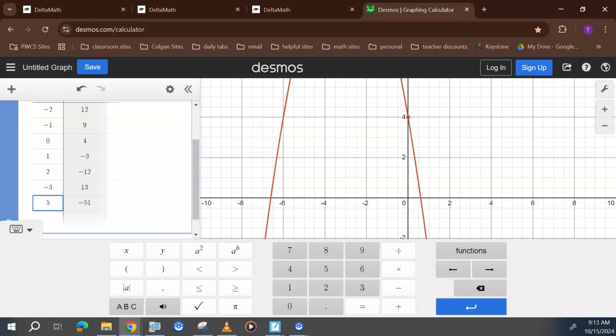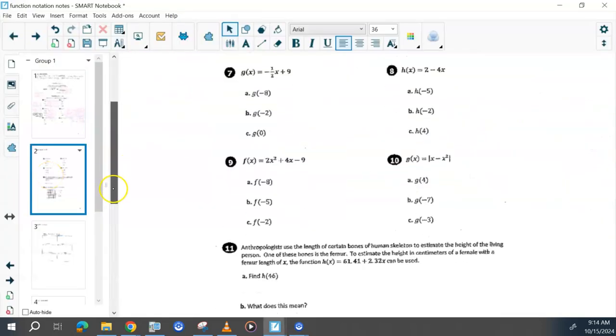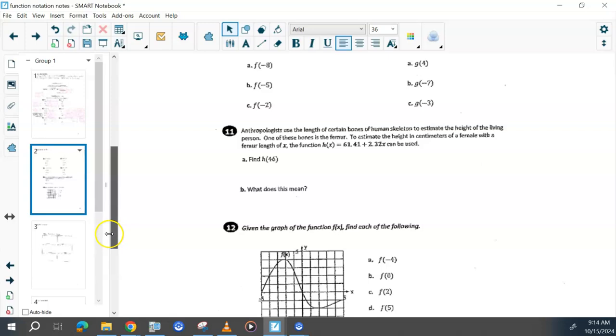Okay. On that first page, were there any others we wanted to go over before we move on? Okay, we're going to skip through 7 through 10 and look at 11 on the back.